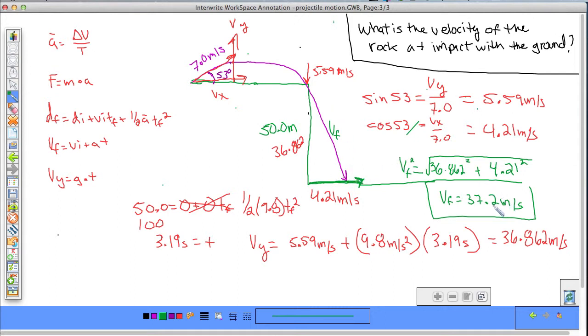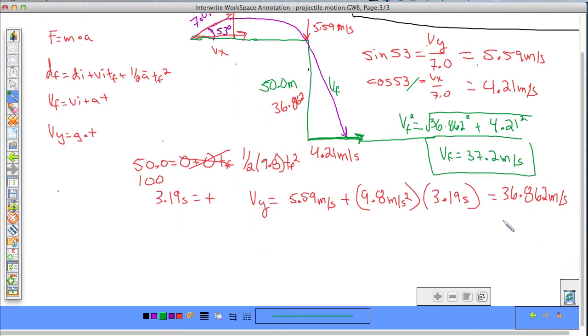Now that's not good enough because it's a velocity vector. You also have to be able to find the angle. So let's take a look at this angle right here. To solve for this angle, I'm going to use TOA. The tangent of that angle is going to equal my opposite divided by my adjacent. So here's my opposite: 36.862 divided by 4.21, right?